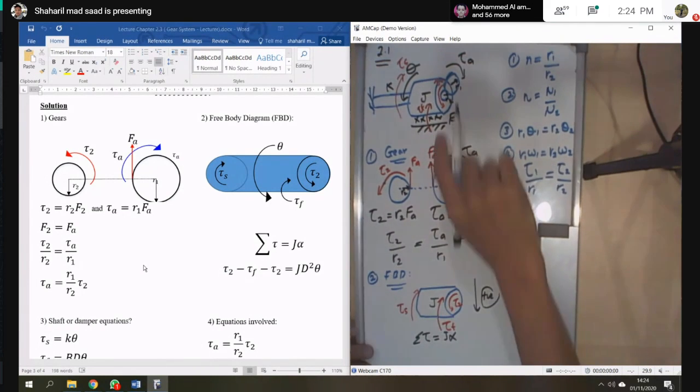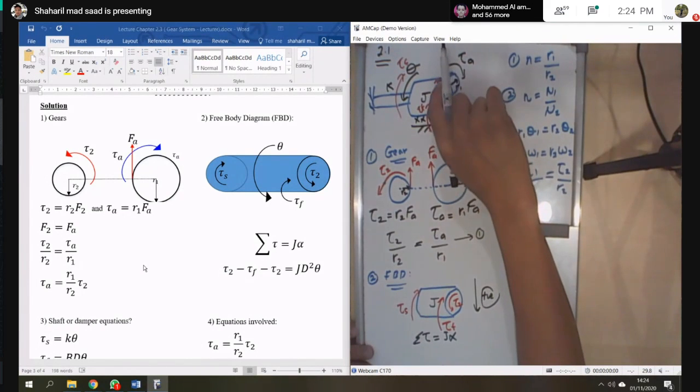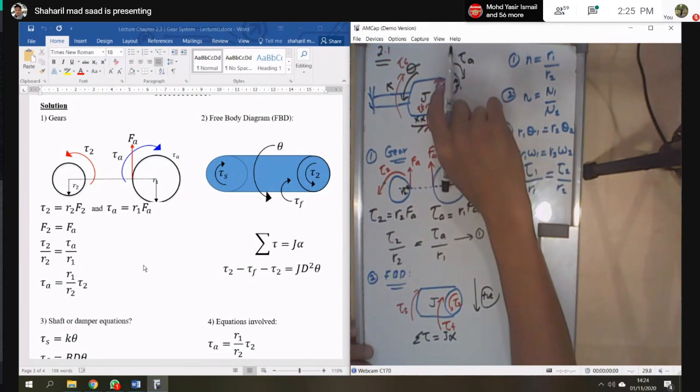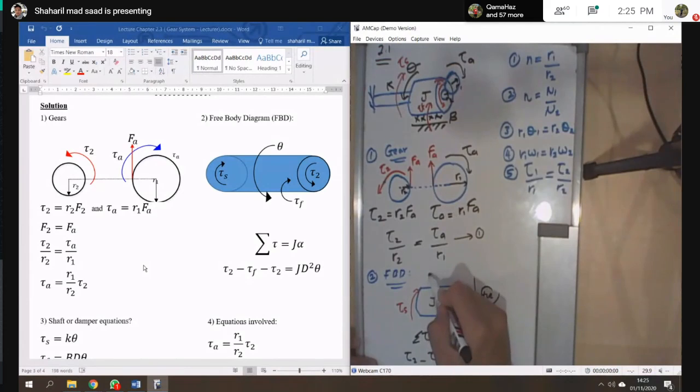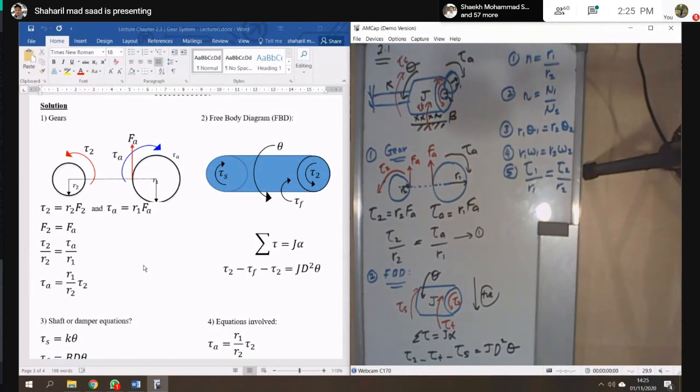Because I look at the torque applied to the inertia body, so this will be the input. So you will have T2 minus TF minus TS equal to J d squared theta, where theta is the angular displacement. This is the second equation.